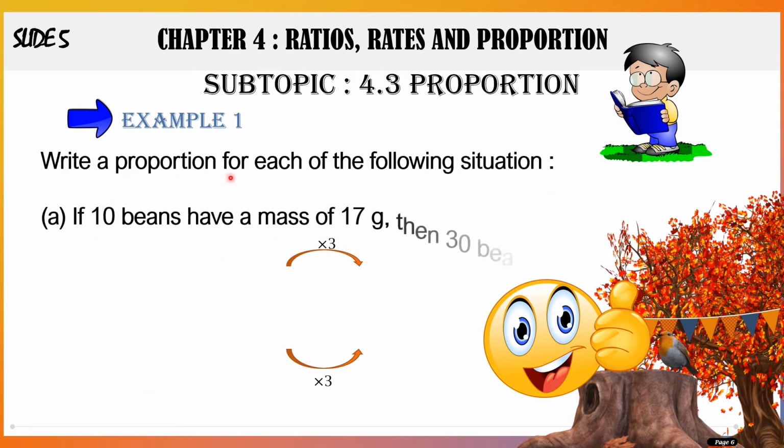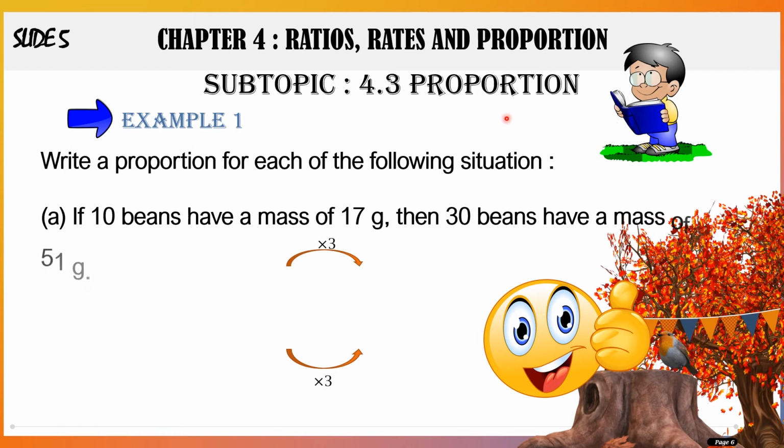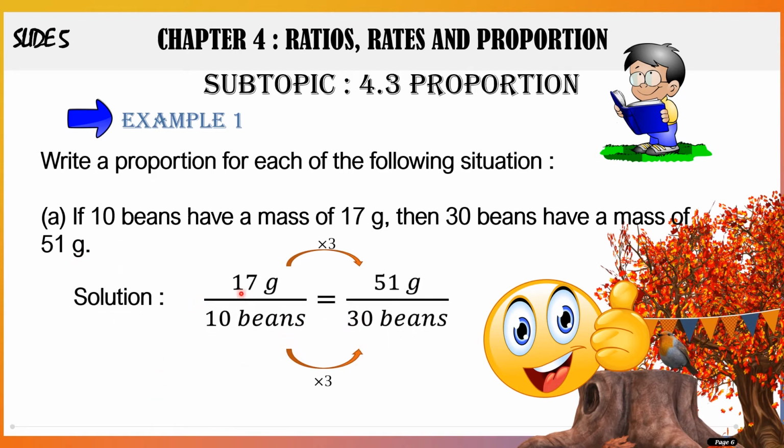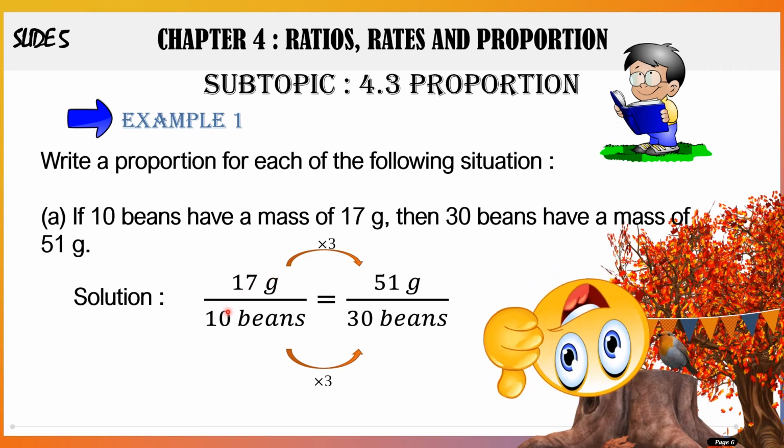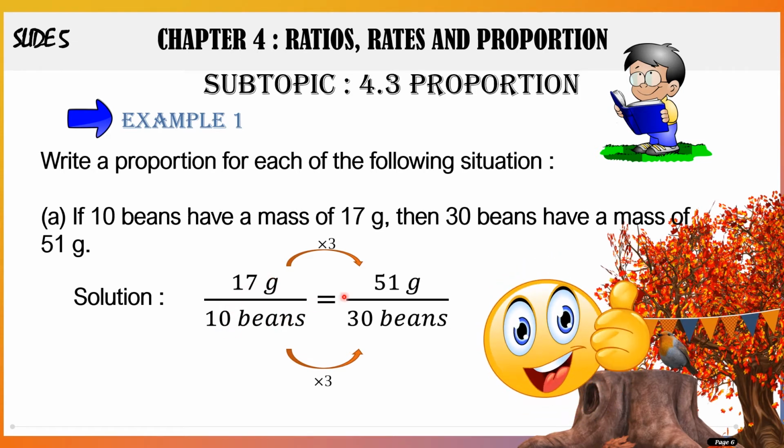Write a proportion for each of the following situations. Question A. If 10 bands have a mass of 17 grams, then 30 bands have a mass of 51 grams. The solution is 17 grams over 10 bands equals 51 grams over 30 bands.